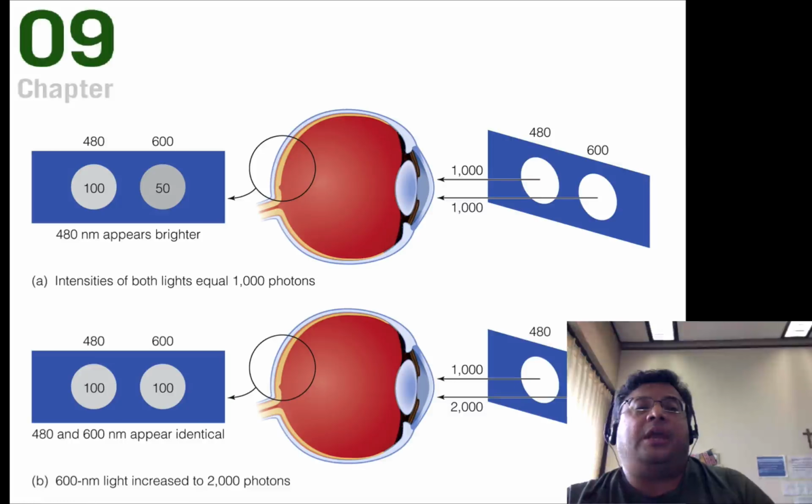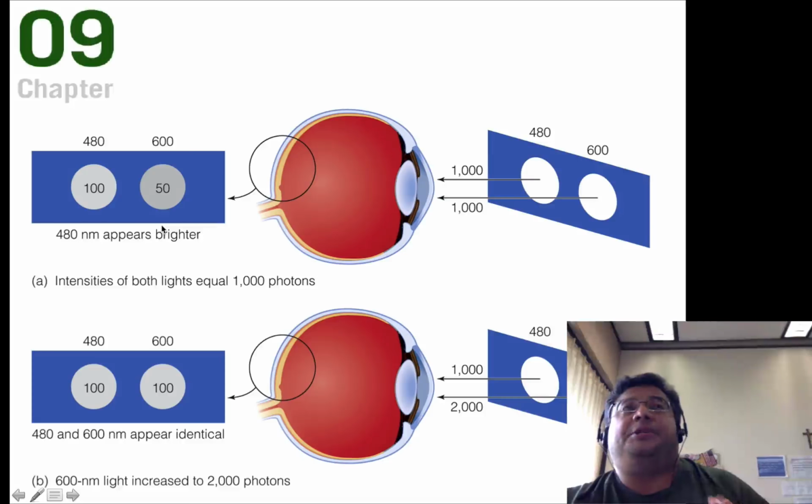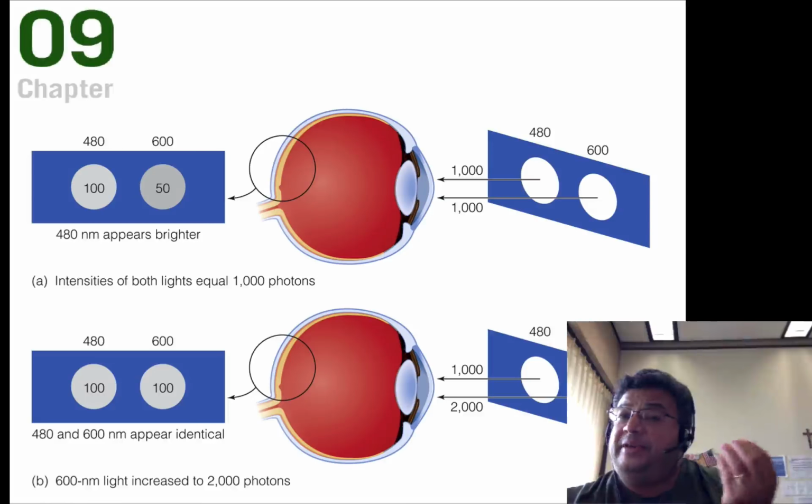And the reason we isomerized twice as many proteins here than we did here is simply because that protein is more sensitive to light at around 480 nanometers. So the 480 nanometer light is going to isomerize more protein. Therefore, the perception is going to be stronger and brighter. You're going to perceive it as brighter.